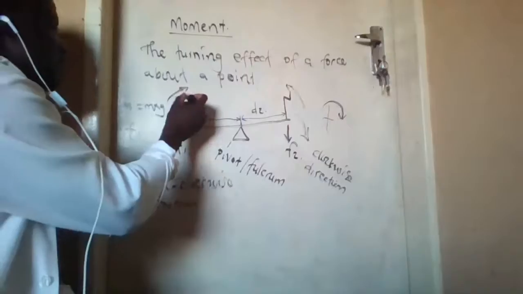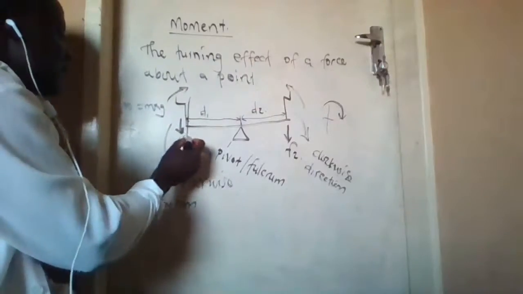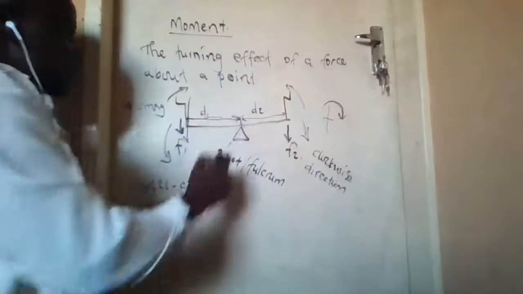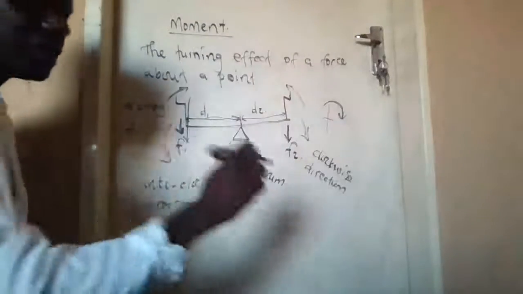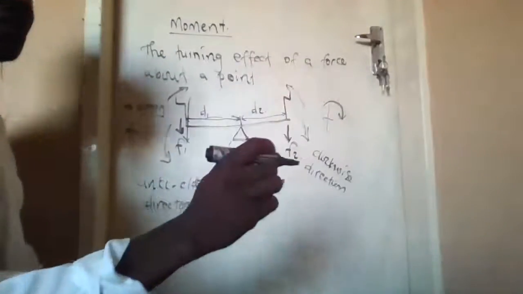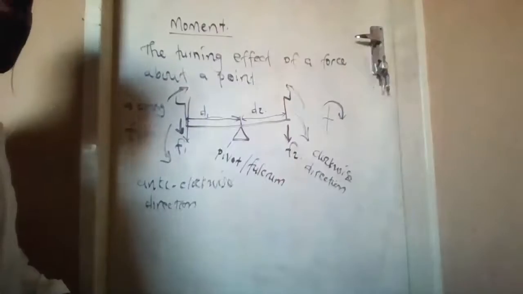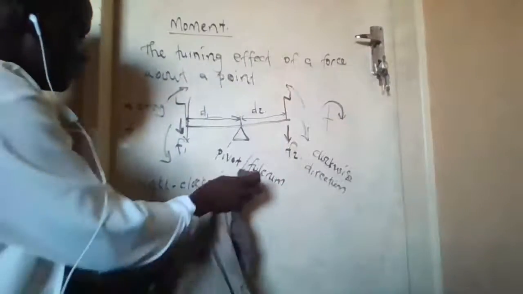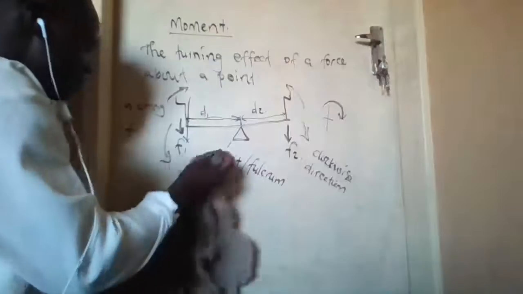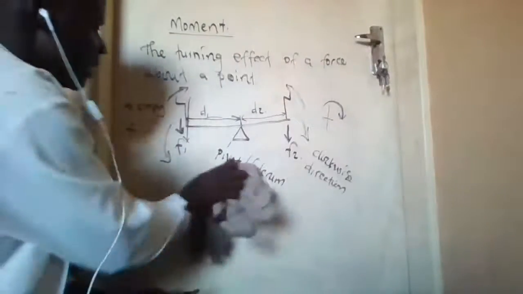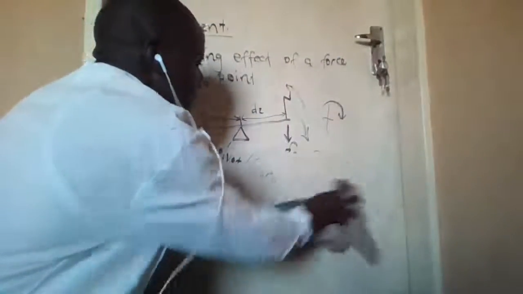It is because of the force that is applied and the consideration of the distance from the point where the force is applied up to the pivot. So from that, we can give now a full definition of the word moment.